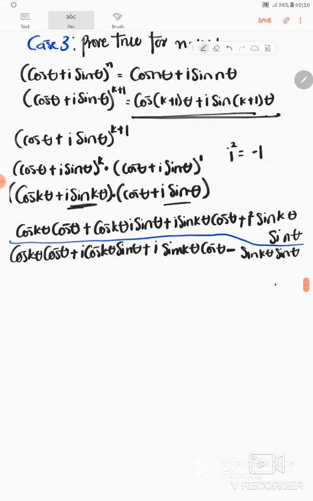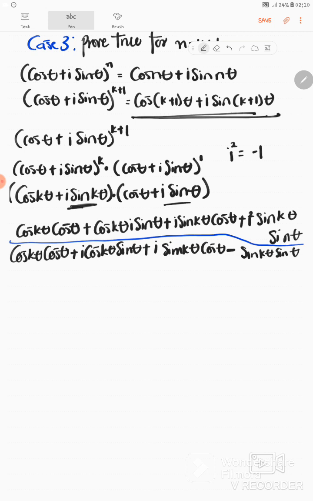Now I hope we know that this here is sine k theta sine theta. Now what we got here is cos k theta cos theta plus i cos k theta sine theta plus i sine k theta cos theta minus sine k theta sine theta. That got erased when I did that.